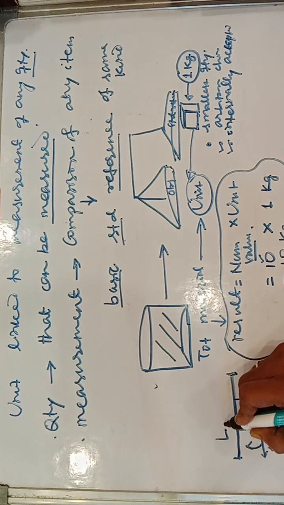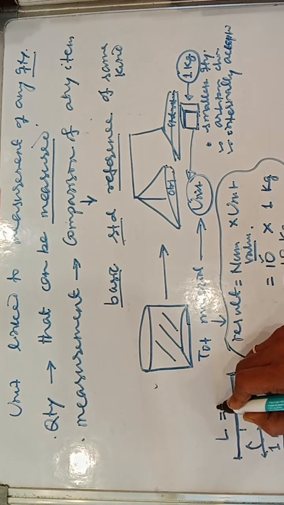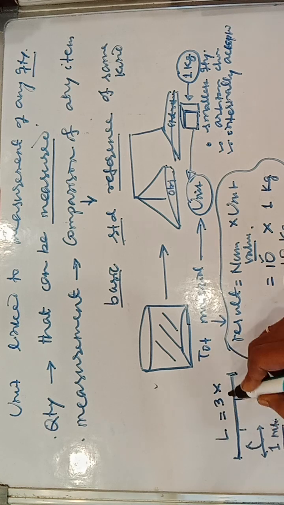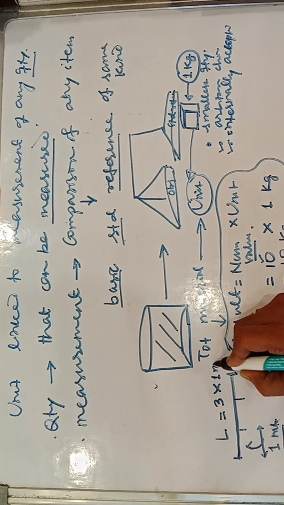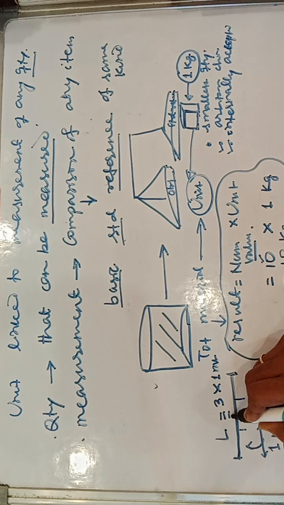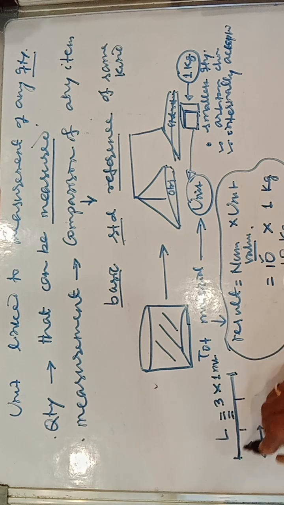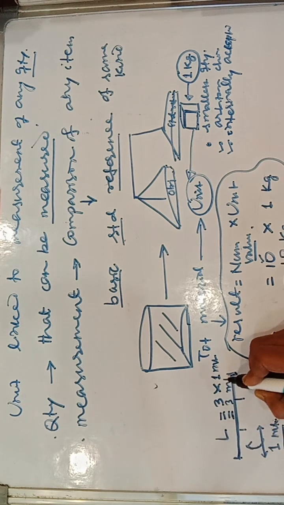If the length of the object is 3 times larger than 1 meter, then the value of this measured quantity will be 3 meter. That means some numerical value times units.